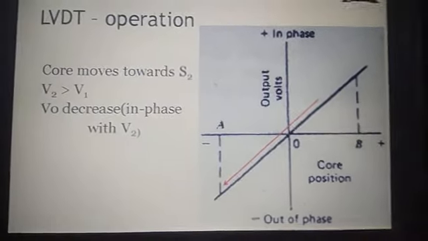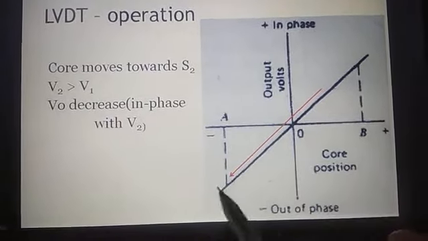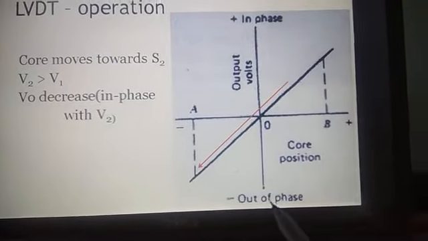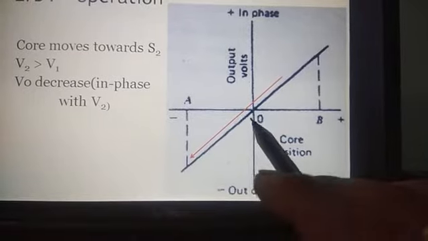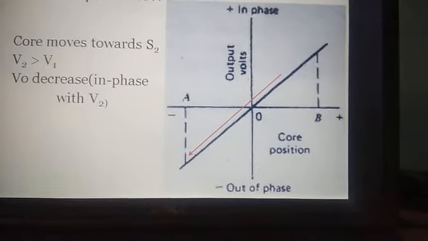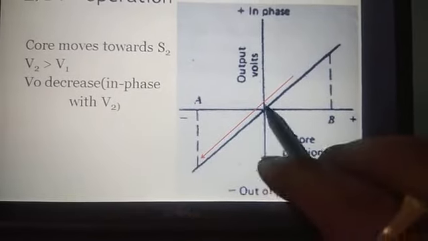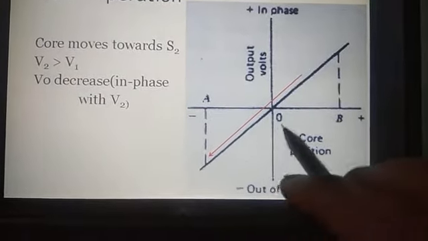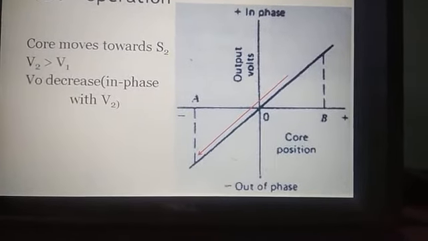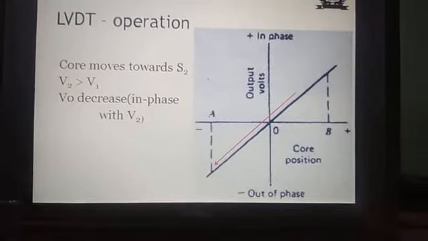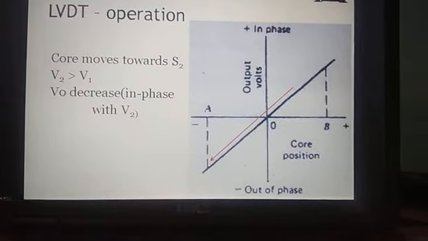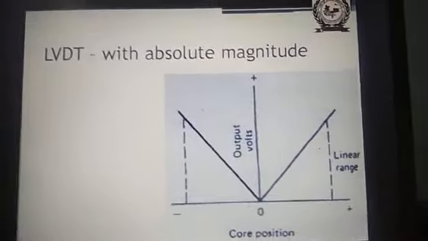Output voltage decreases, and is in phase with V2. V1 and V2 are the secondary voltages. So this is out of phase, and this is in phase with this V2, secondary. That is negative. So you can write the LVDT operation with these simple steps.